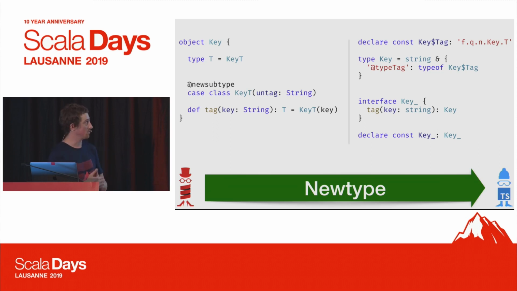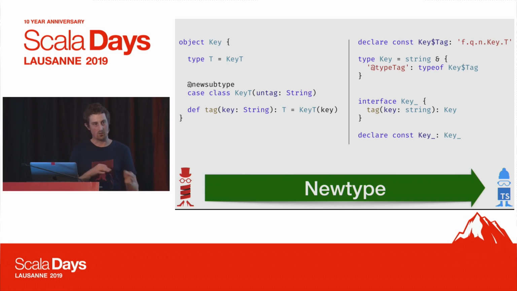So on the TypeScript side, we have a string intersected with a type tag of the type of key. The intersection is something that exists only at the type level. So at runtime, we've got a string, but at type check time, we have a string intersected with this unique tag.